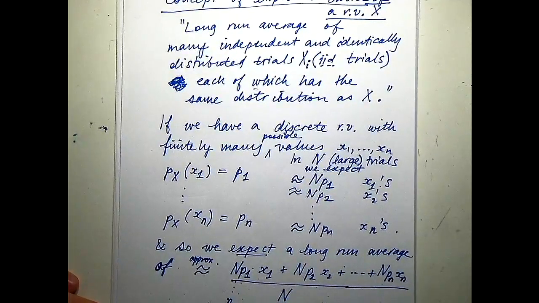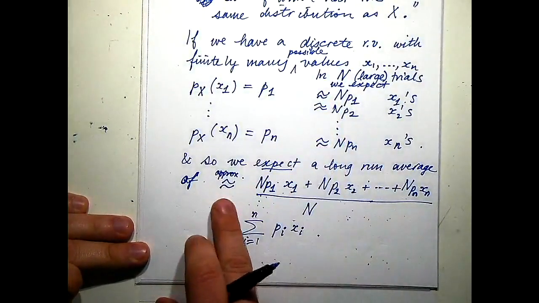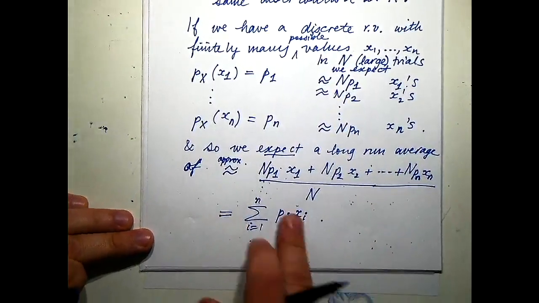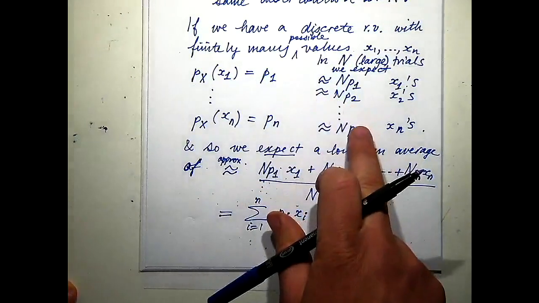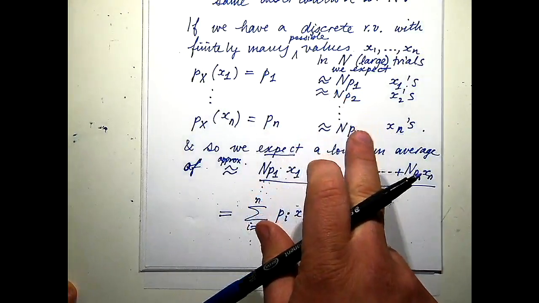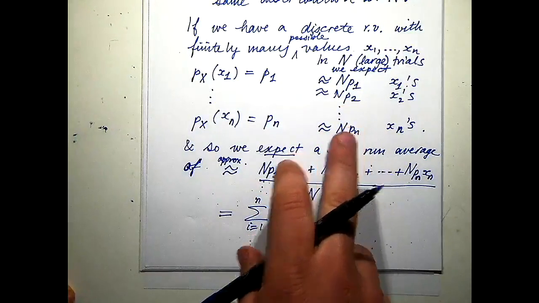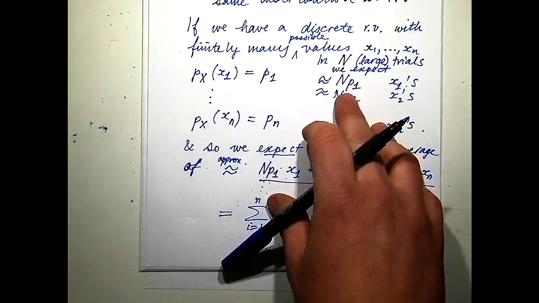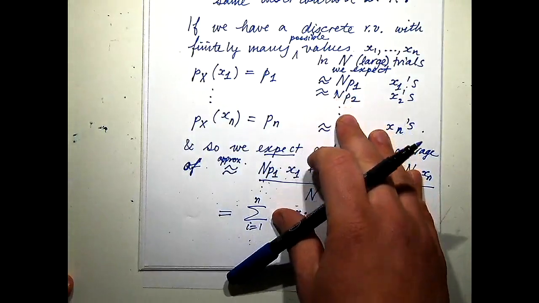Now I'm going to say something a little more higher order. You might say this is worthless because it was all based on an approximation. But if you were to be a bit more precise, you'd say that not only is it Np1 x1s, the exact fraction Np1 divided by N tends to p1 exactly, and the exact fraction here tends to p2 exactly.